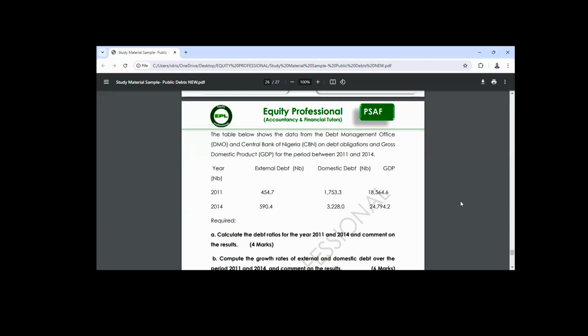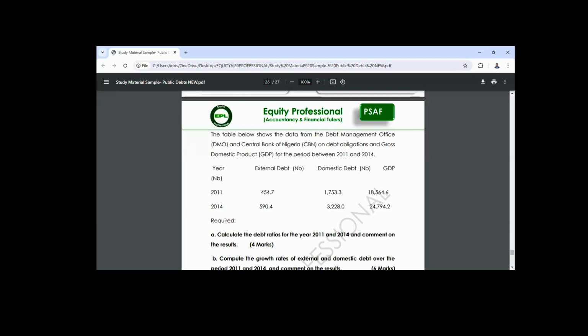The question did not ask us to calculate external debt ratio or internal debt ratio. If the question asks us to calculate external debt ratio, it will be our external debt all over GDP. If it asks for internal debt ratio, it will be our internal debt all over GDP.